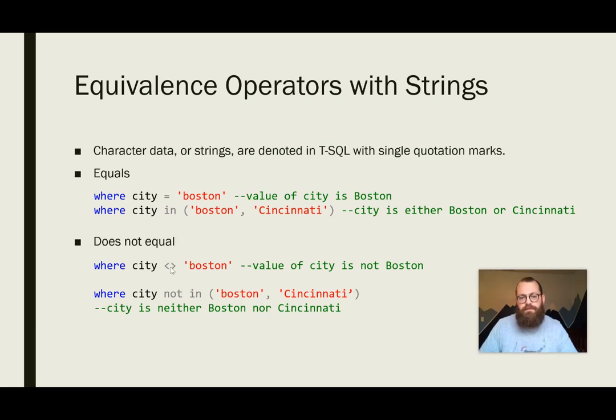You can use the does not equal symbols, or you can say not in a particular list. Then you can have one item in this list as well. So as with most programming languages, there's a lot of different ways to do the same thing. So we're going to hop over to SQL now to work through these examples in practice.